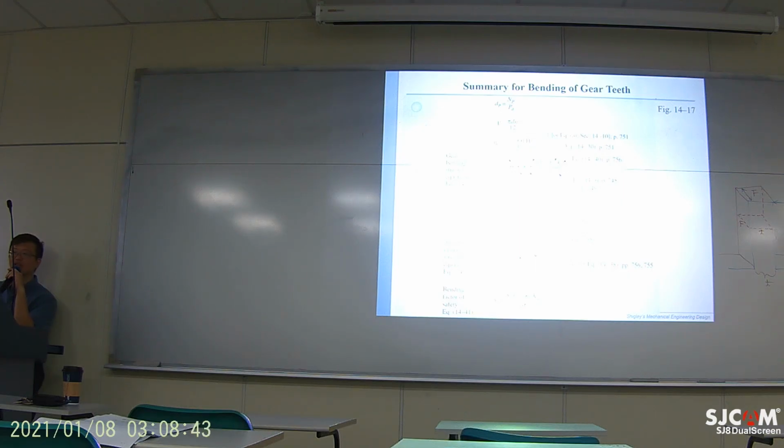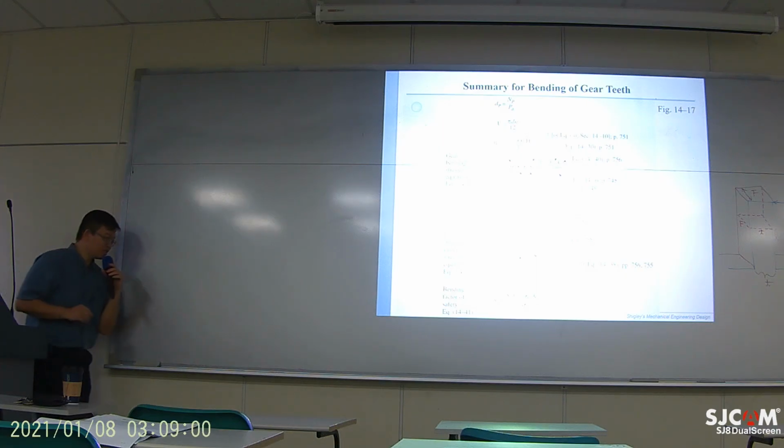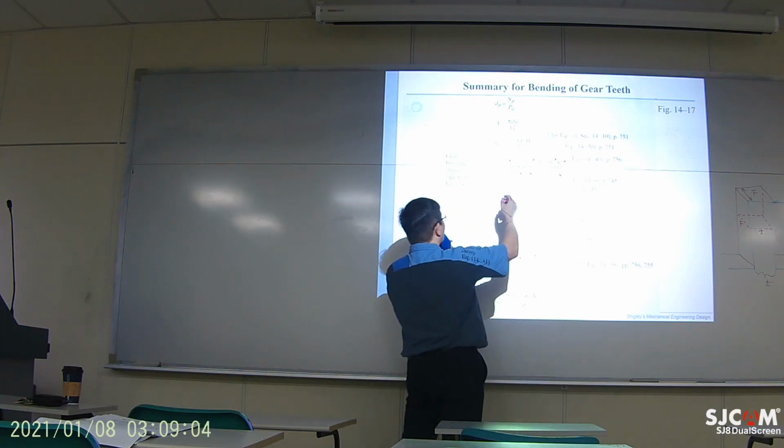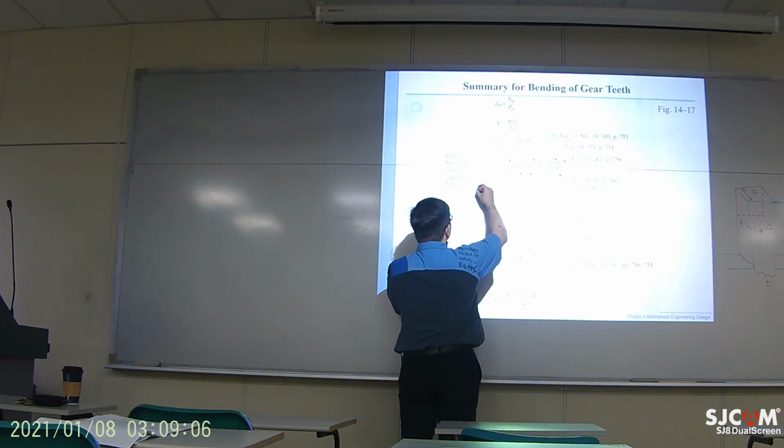Okay, so from here you can see there are some other Ks: Ko, Ks, Km, Kb. We will be looking at those Ks later on. Those Ks originally were 1. Without those Ks, the stress equation is similar to what we got earlier from the Lewis factor.